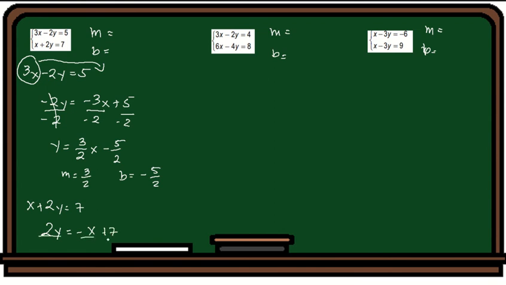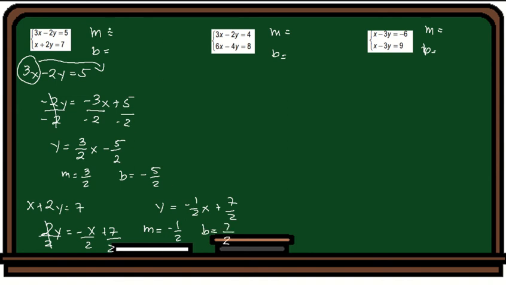Divide each term by 2, so you will have y is equal to negative 1/2 x plus 7 over 2. So our m here will be negative 1/2 and your b will be 7 over 2.